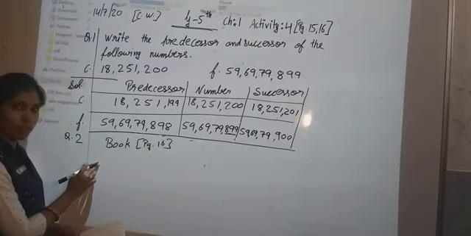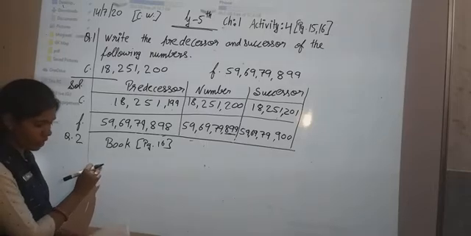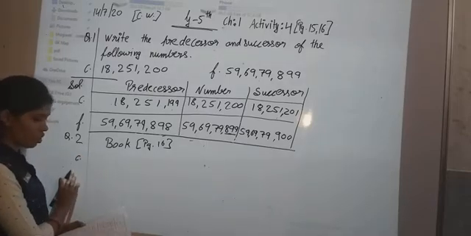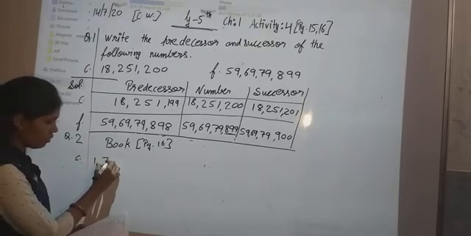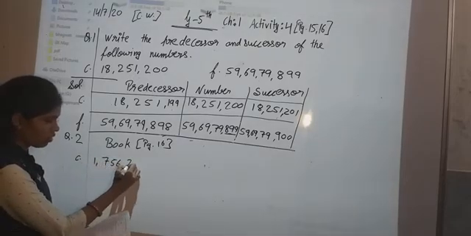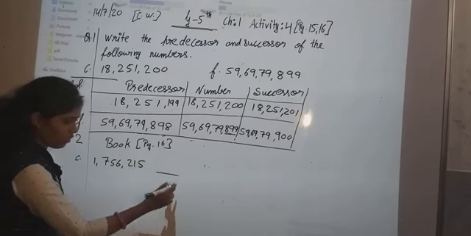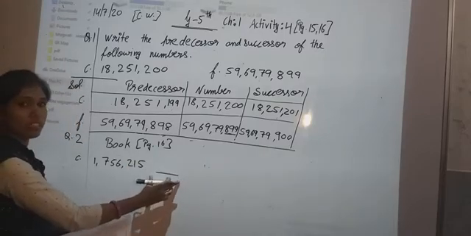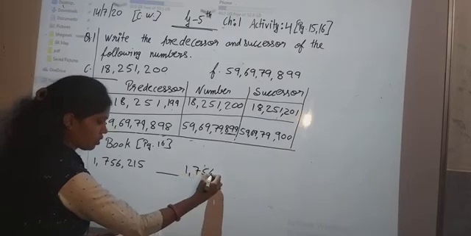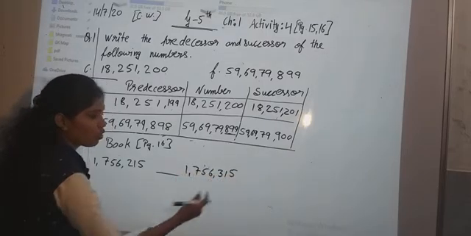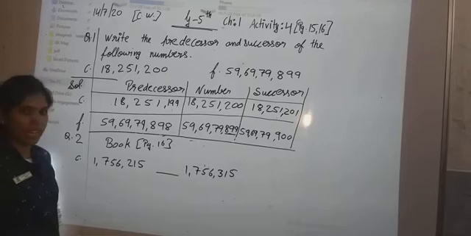Okay students, so I am going to solve this question. Question C of 2. We have 2 numbers here, and we have to fill in the symbol. Now we have to compare.